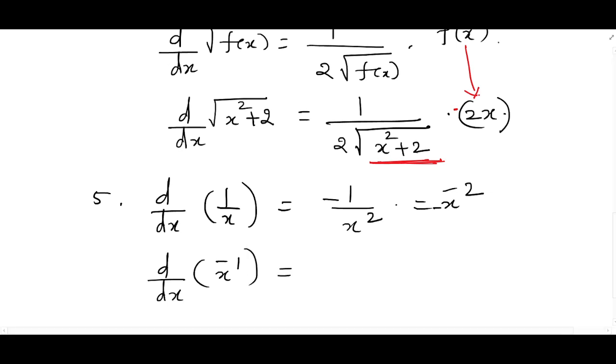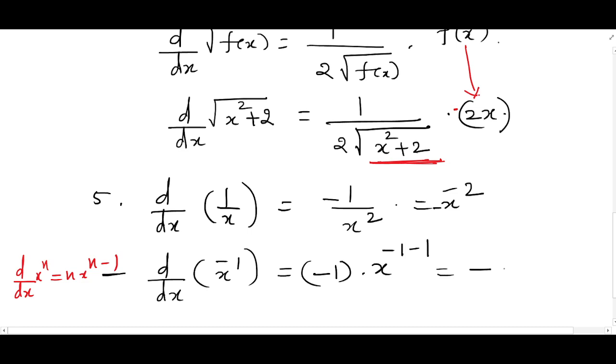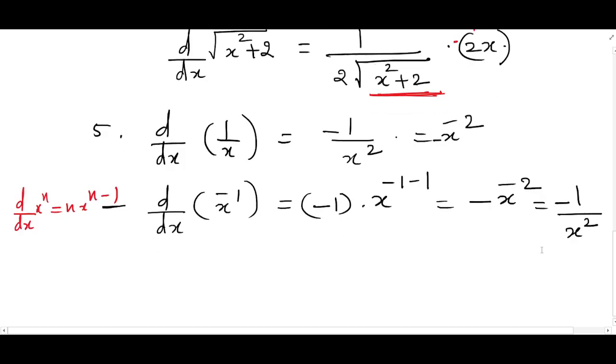Again using the same formula, that is d by dx of x raised to n is n into x raised to n minus 1. Here the value of n is minus 1. So minus 1 into x raised to minus 1 minus 1, which gives minus x to the power minus 2. I can write minus as it is, and x to the power minus 2, if I shift to the denominator, it becomes 1 by x square.